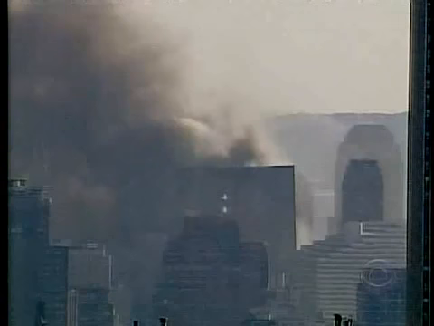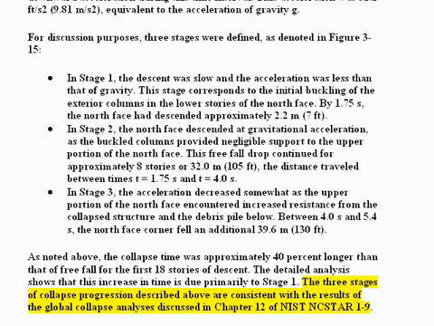The collapse we see cannot be due to a column failure or a few column failures or a sequence of column failures. All 24 interior columns and 58 perimeter columns had to have been removed over the span of 8 floors low in the building simultaneously to within a small fraction of a second, and in such a way that the top half of the building remains intact and uncrumpled.